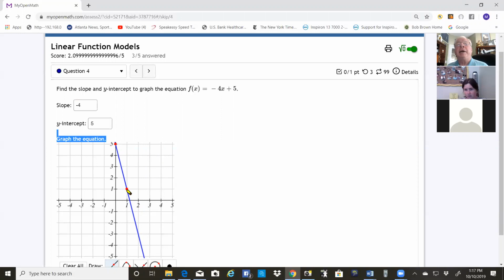Does everybody see that? If I go over 1, it should go down by 4. That's what it's done here. There it is.